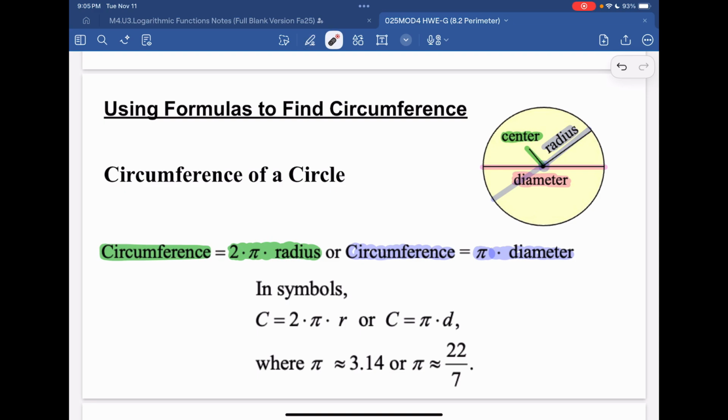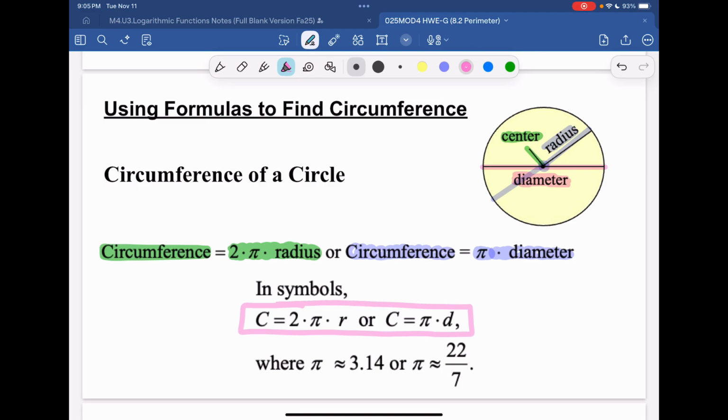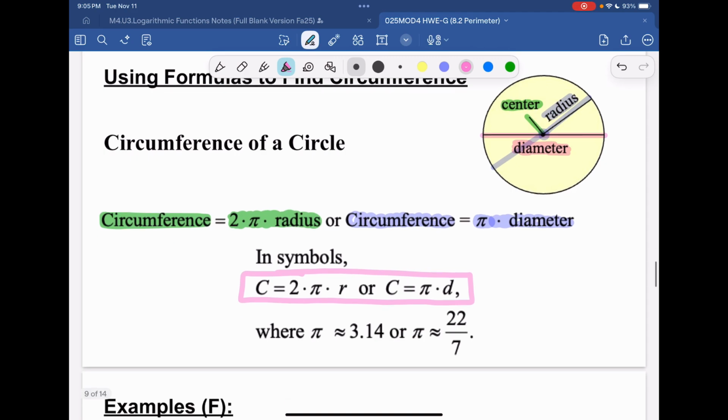So in symbols, what that looks like is the circumference is equal to 2 times pi times r, or pi times d. And pi is an irrational number, so pi is approximately 3.14.